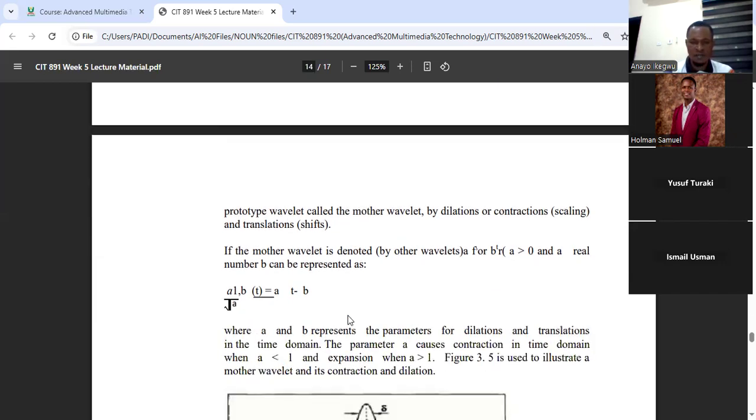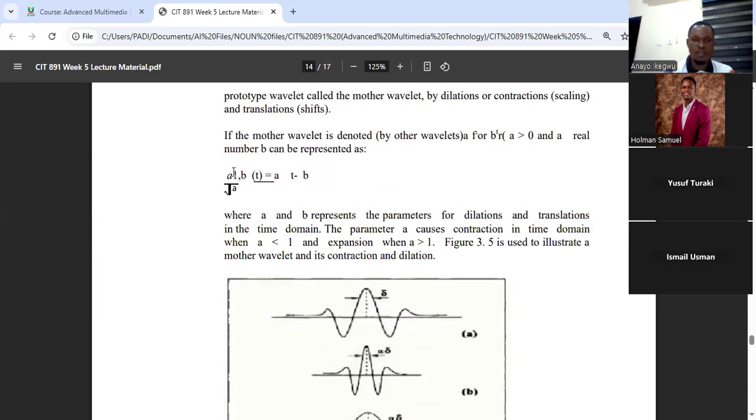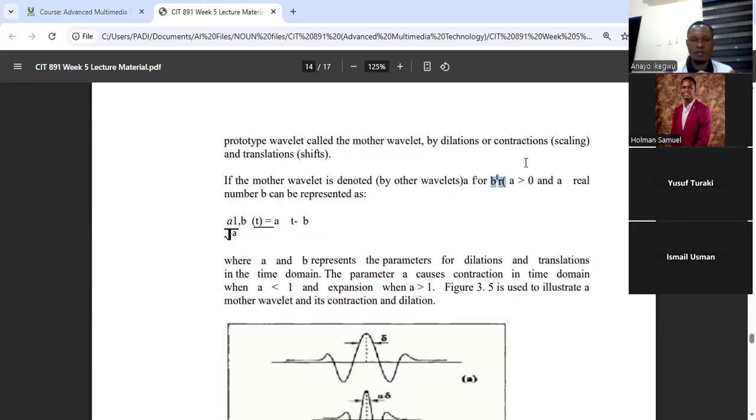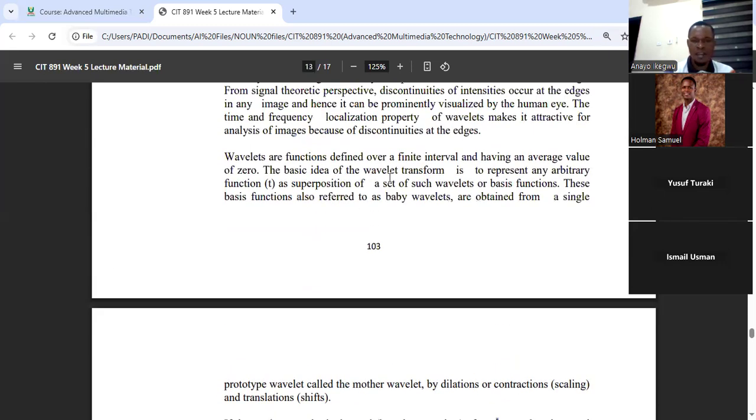Let's look at the mathematical transform as this. If the mother wavelet is denoted by ψ, where a is less than 0, remember here, they say that average value of 0.